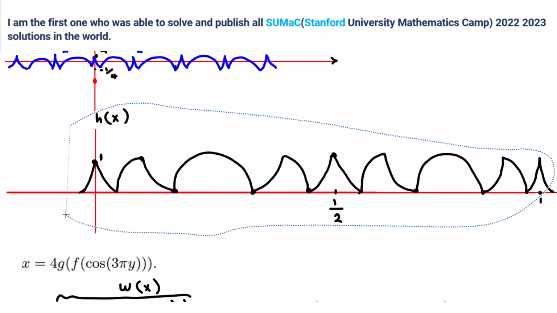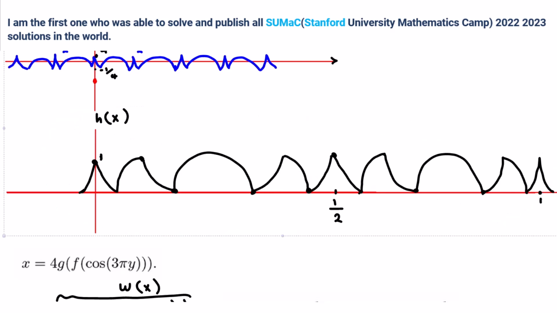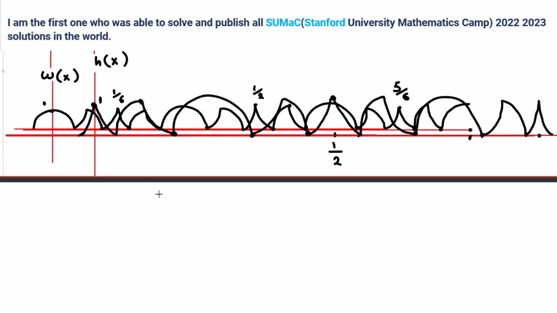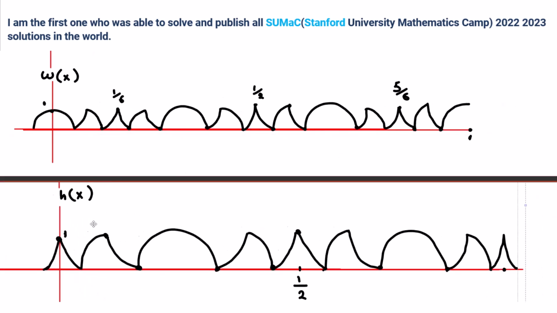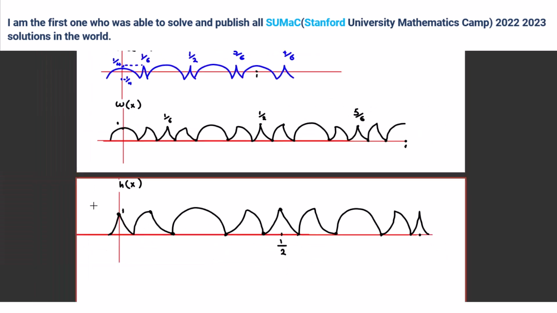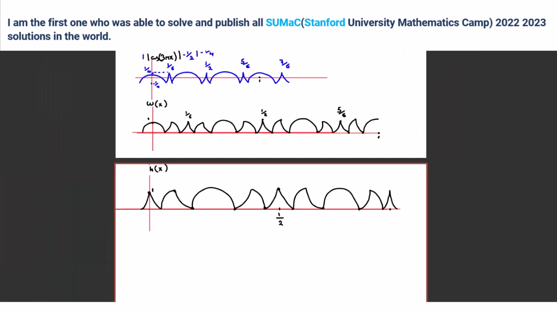Now we want to find, we should switch x and y for w, right? Okay, so what should we do? It says find the number of intersections. Do you agree we should rotate this one? We should switch x and y, right?